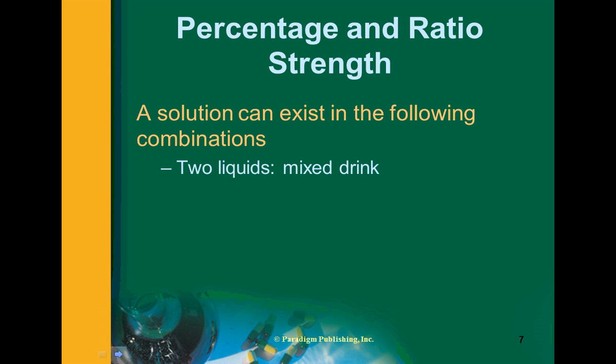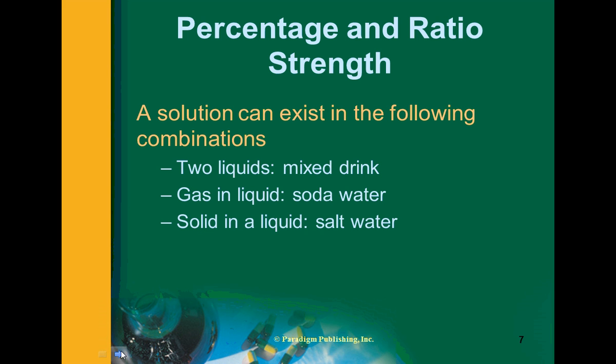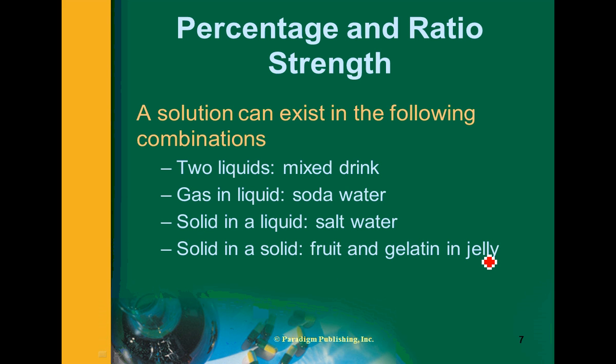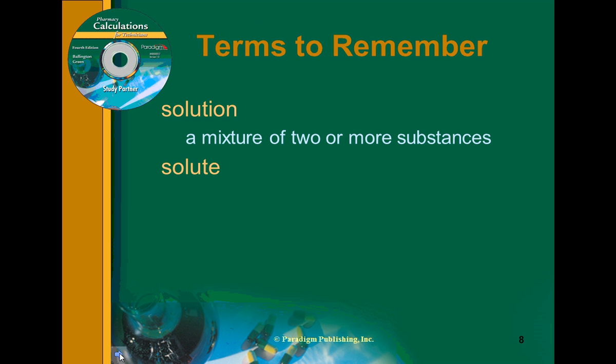A gas in a liquid. An example of that one is soda water. A solid in a liquid would be salt water. And a solid in a solid would be like fruit in a gelatin or jelly. Those give you some examples.